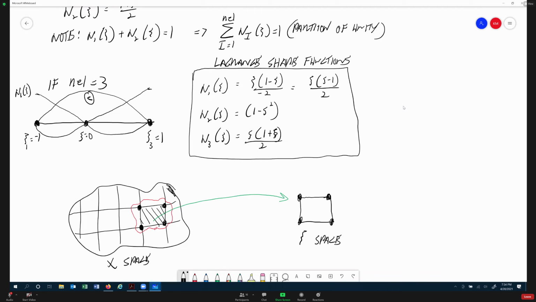Over here, I might have element 11, 15, 18, 23, some nodal numbers. But over here, things have to be like 0 to 1. Let's say our coordinate system splits this like this, so if this is 1, then that would have to be a -1 and a 1 over here.